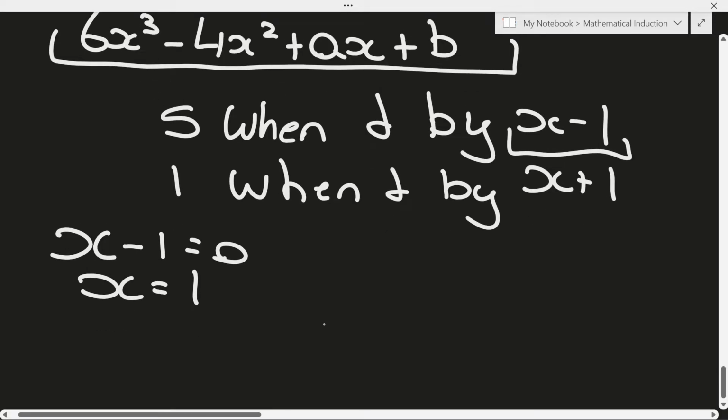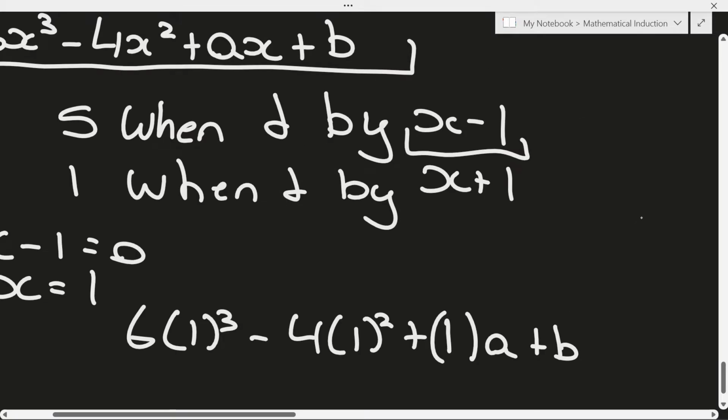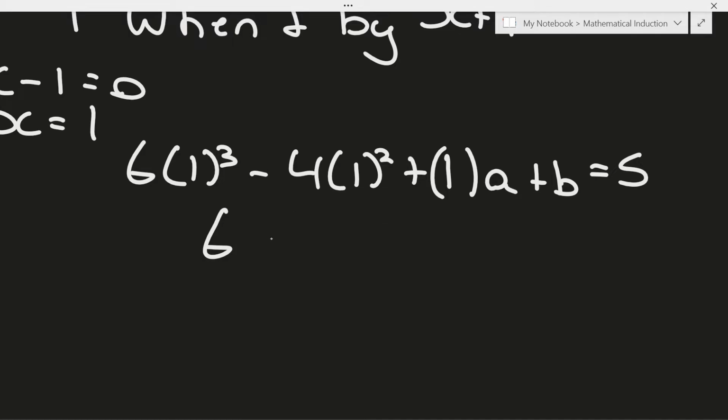So that means that 6 times 1 cubed minus 4 times 1 squared plus 1 times a plus b should be equal to 5. Let's sort this out more. Since this is positive in the bracket, it doesn't matter. 6 times 1 is 6 minus 4 plus a plus b equals 5.